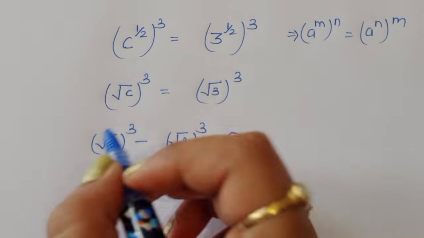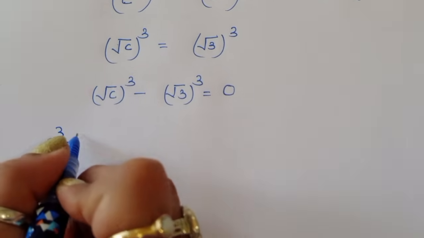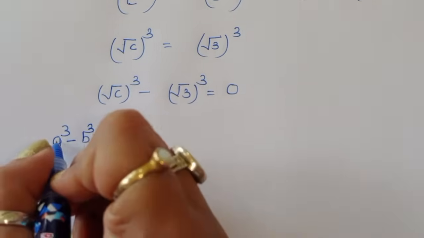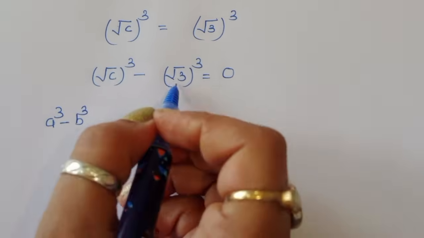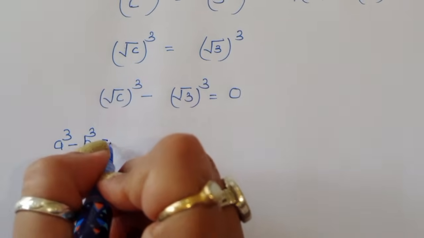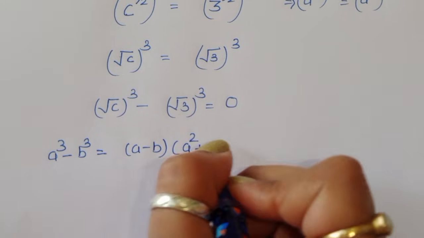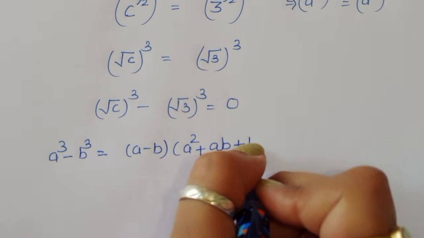Now you can see this is the form of a cube minus b cube, where a is equal to square root of c and b is equal to square root of 3. Now we are using the formula: a cube minus b cube is equal to a minus b times a square plus ab plus b square.